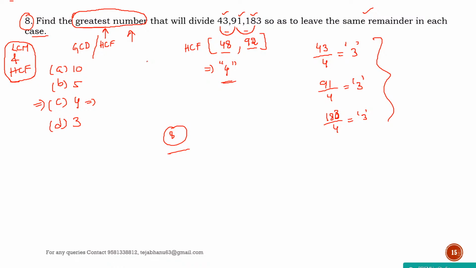In order to make us confused, he has given the option called 3. He asked about the greatest number, not the remainder. So 3 is not the answer. In order to make us confused, he kept 3 there. I hope it's clear.